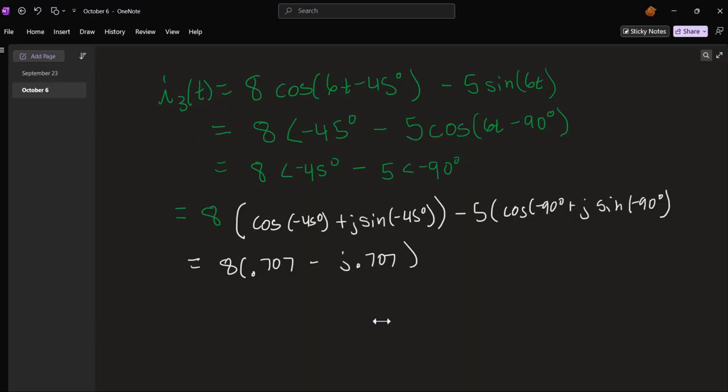And I find it easier to do than finding the voltage and then finding the current from that, but you could do it that way too.